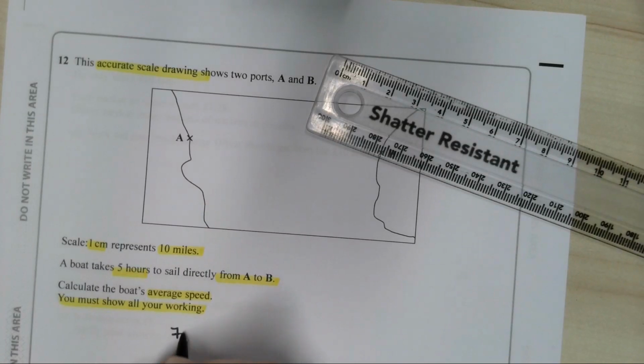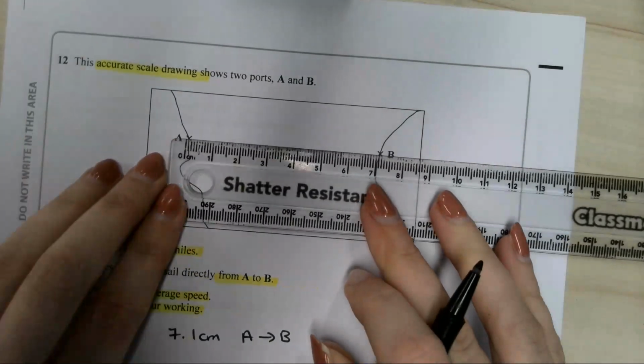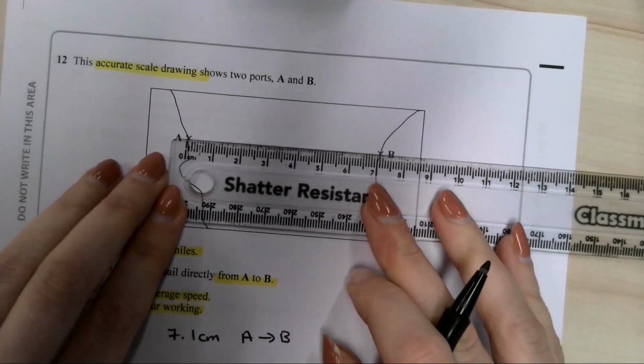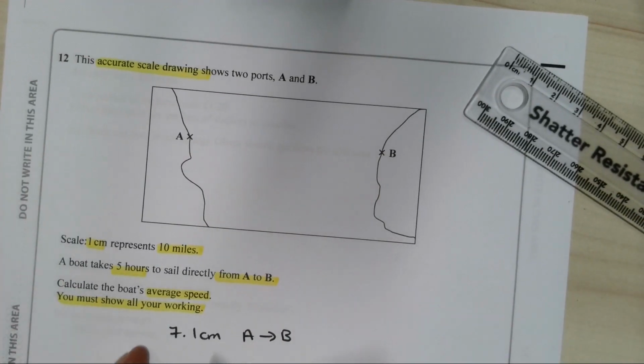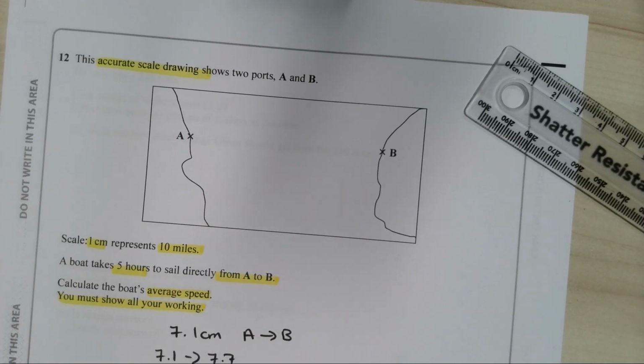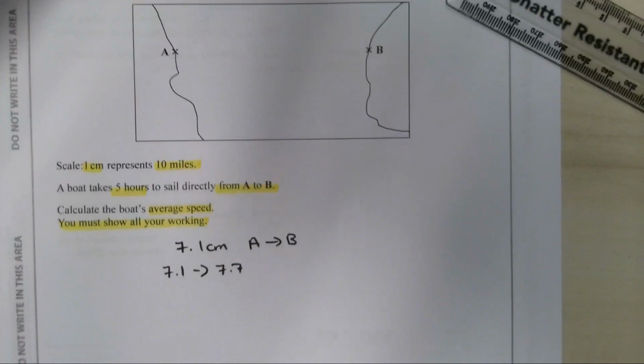So it is 7.1 centimetres from A to B. So 1 mark if you've got a measurement between 7.1 to 7.7. If you've got a measurement in between there, you have 1 mark.